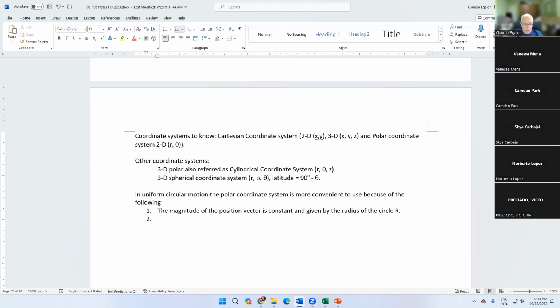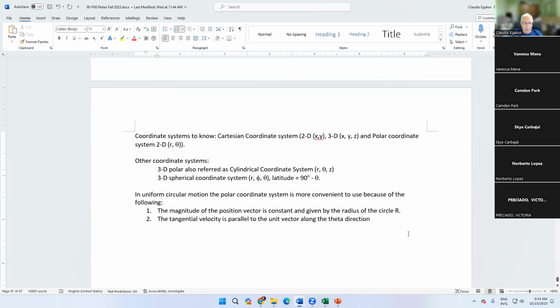Two, the tangential velocity is constant and parallel to the unit vector along the theta direction, right?